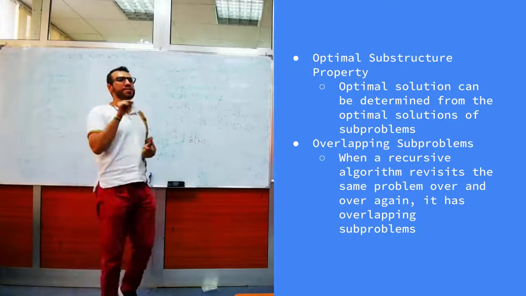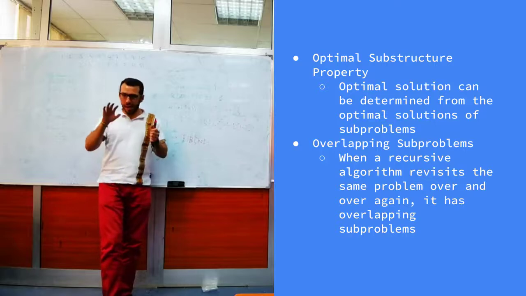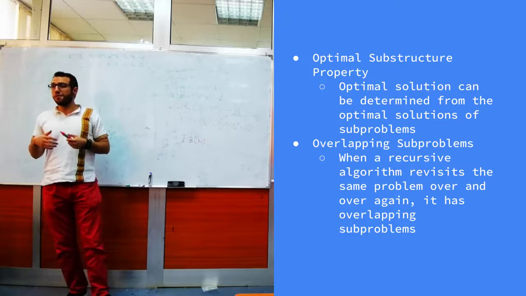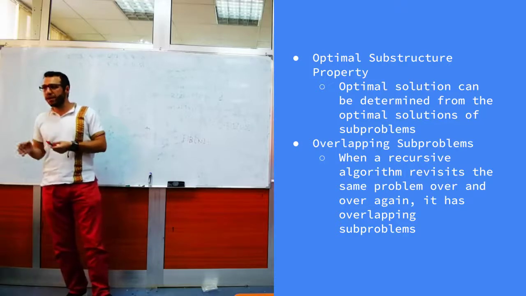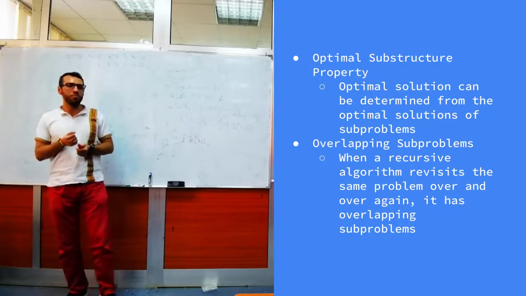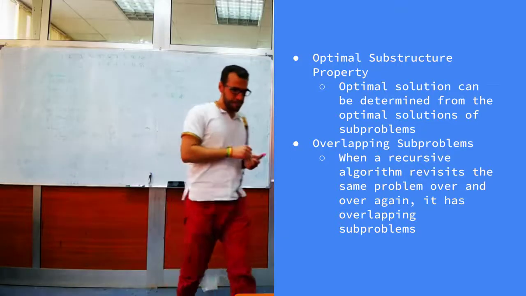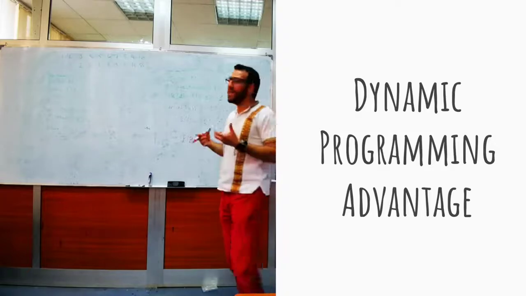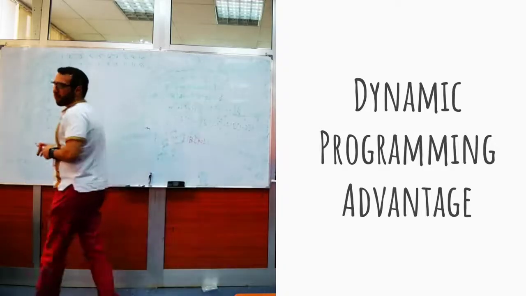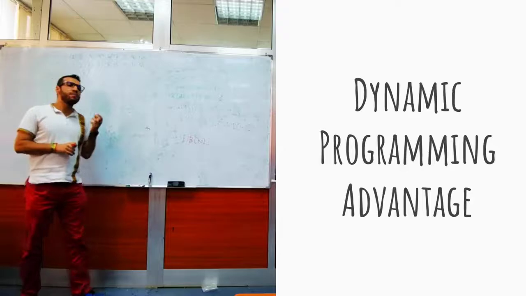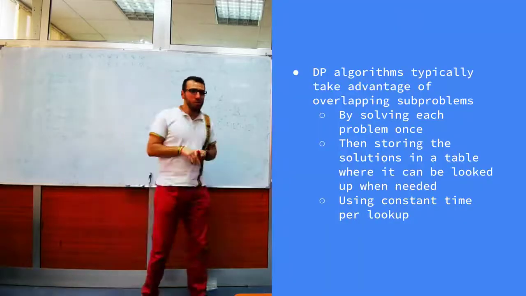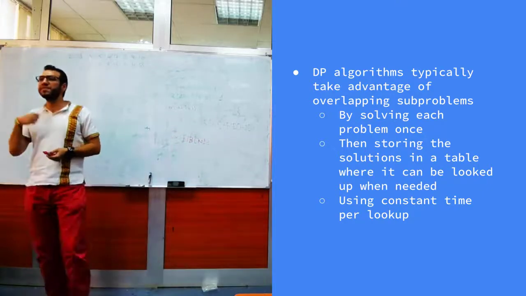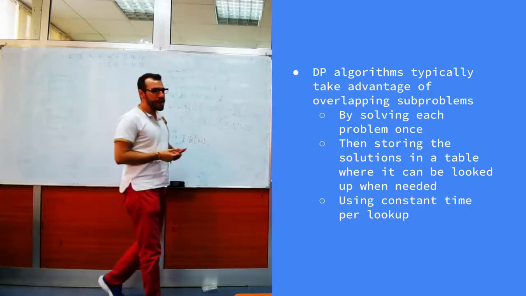Therefore, calculating one subproblem solution once, keeping it in our memory and then returning from there as needed is going to speed up the process rather than calculating those subproblem solutions again and again. So what is the advantage of dynamic programming then? The advantage of dynamic programming is to solve each subproblem once, store the solution somewhere, and not recalculate it again and again. That's the advantage.